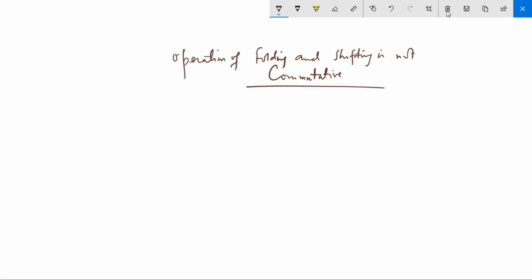Okay, this is what we have just proved, and to elaborate it further, suppose I denote the time delay on x(t) by Td of x(t) equal to x(t-t naught). And I denote the folding operation by this, x(-t).